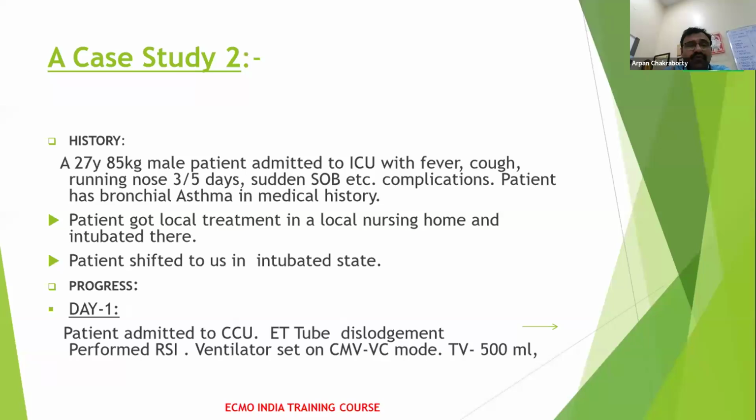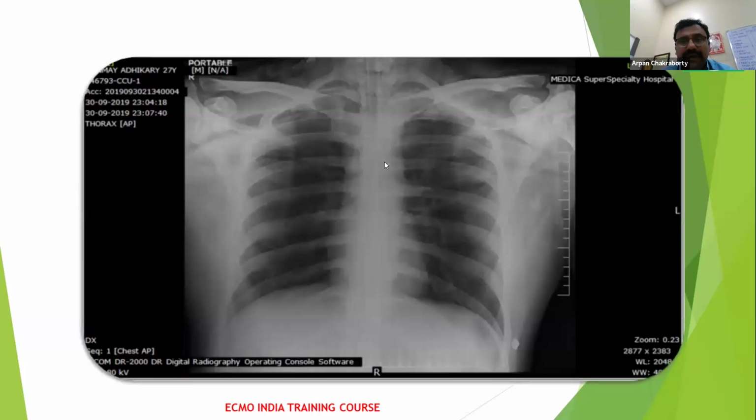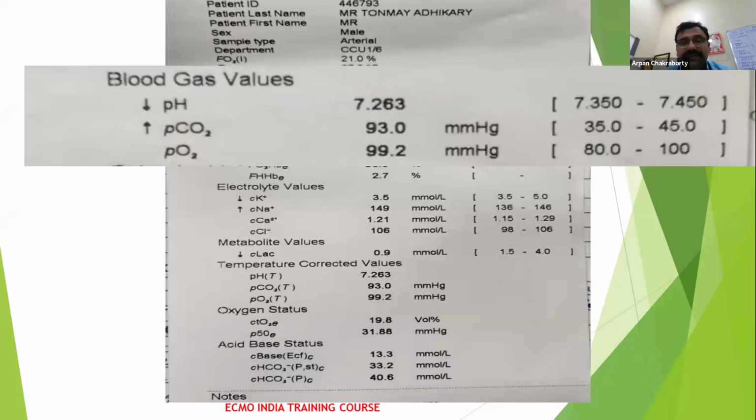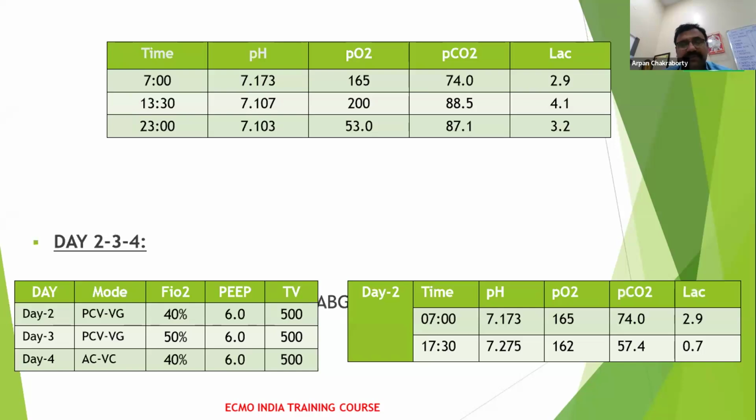Now, case study 2: the patient came with a fever, cough, and running nose, got intubated, ventilator set on CMV mode, and look at the X-ray. There is dynamic hyperinflation. CO2 started mounting up. The CO2 was 93, pH was 7.26, and oxygenation was fine.